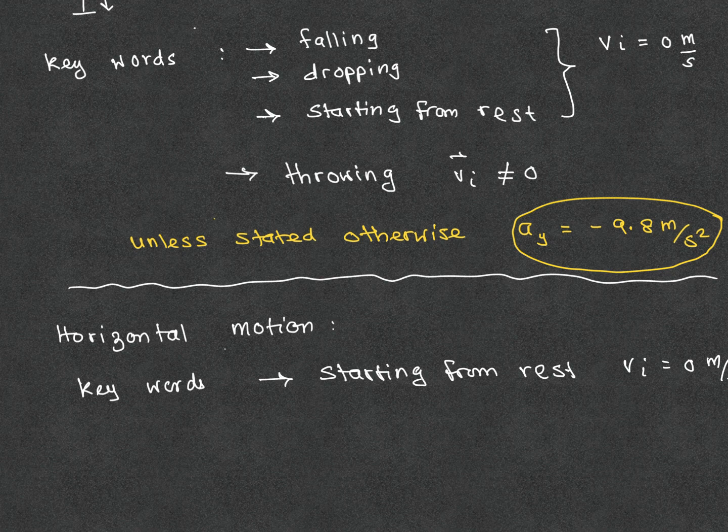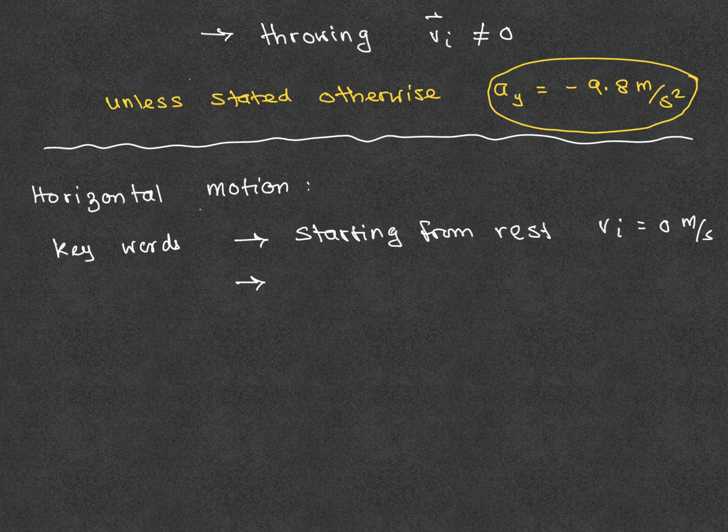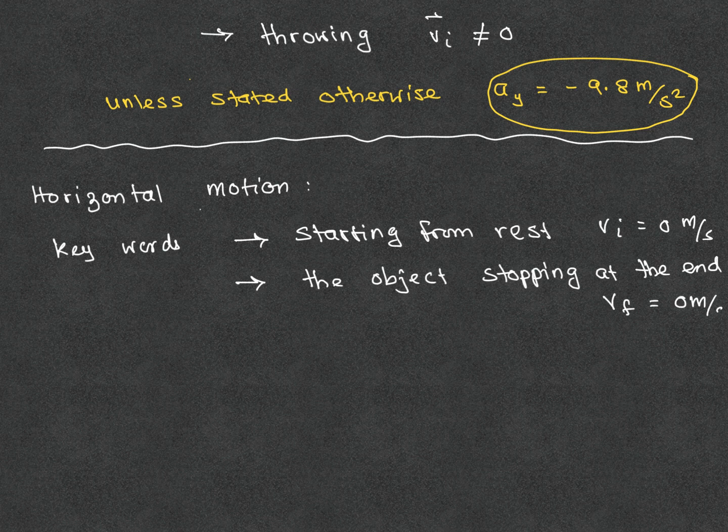And also sometimes students overlook the fact that the object stopped at the end. Stopping at the end tells us that the final velocity of that motion equals to 0.